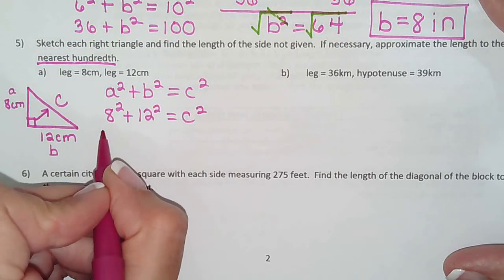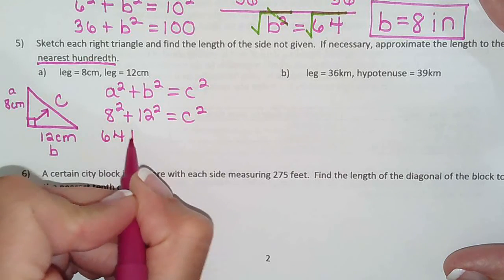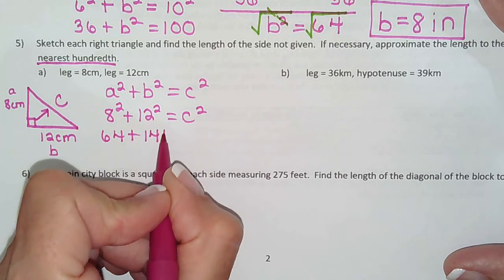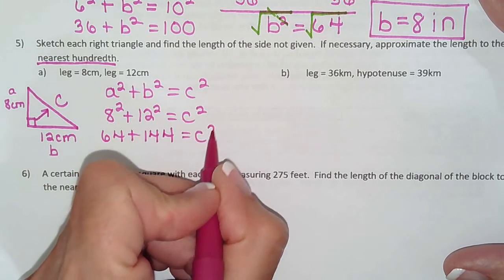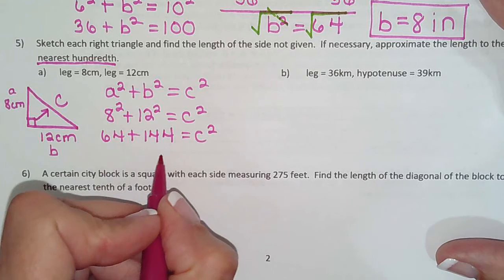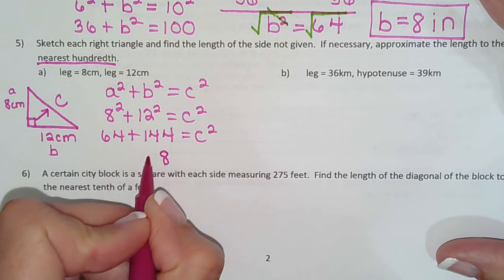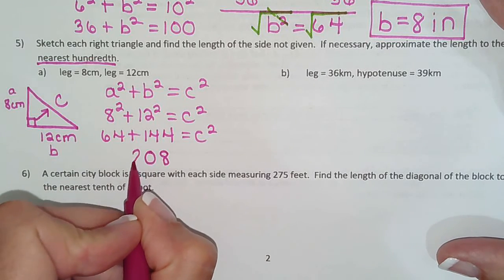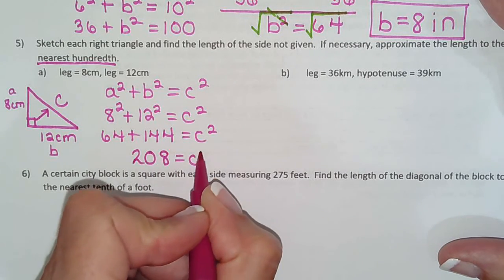So 8 times 8, 64. 12 times 12, 144. And that equals C squared. So we have 208 equals C squared.